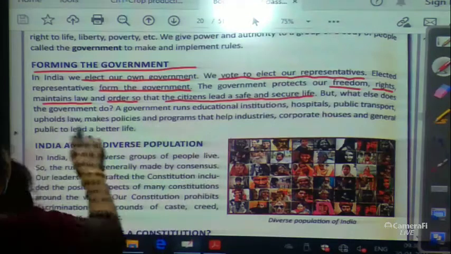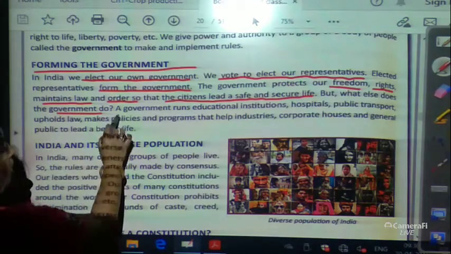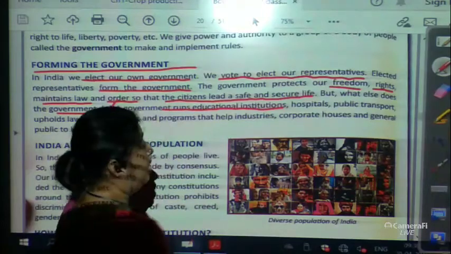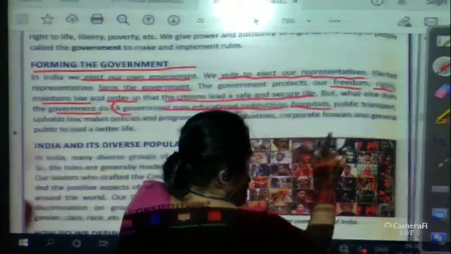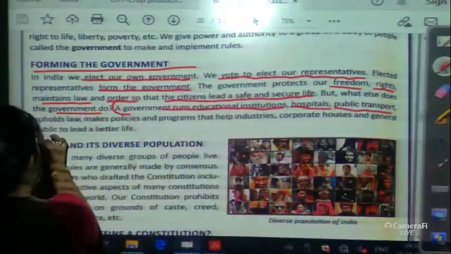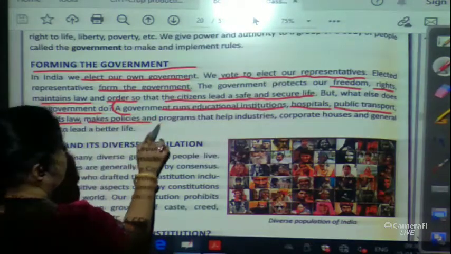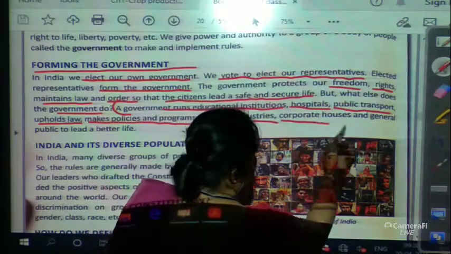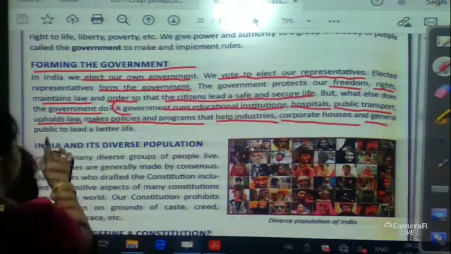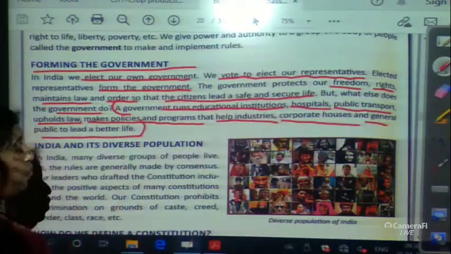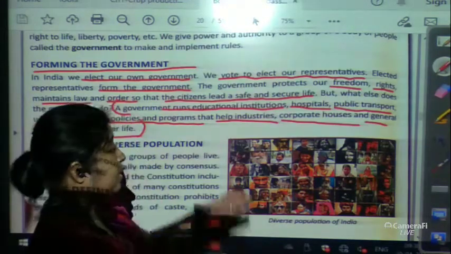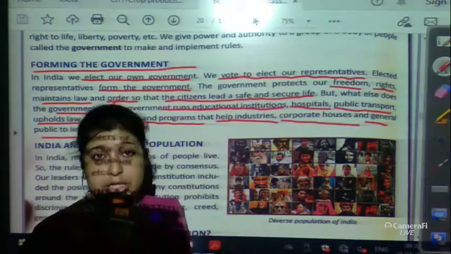But what else does the government do? A government runs educational institutions. A government can run hospitals and public transport, uphold law, and make policies and programs that help industries, corporate houses and the general public to lead a better life. So the government has to give us all these facilities.